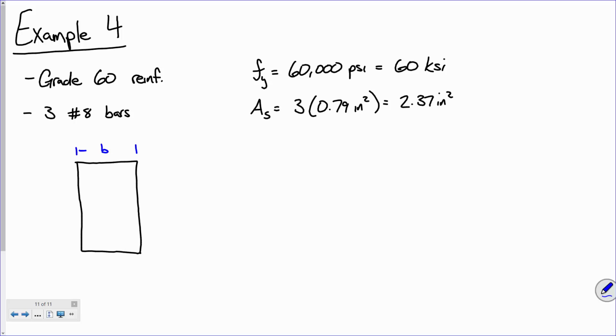It has some width, B. We've got steel in the bottom, and it doesn't matter how many bars you draw here. We'll say that this is AS. That's AS. That dimension's D.